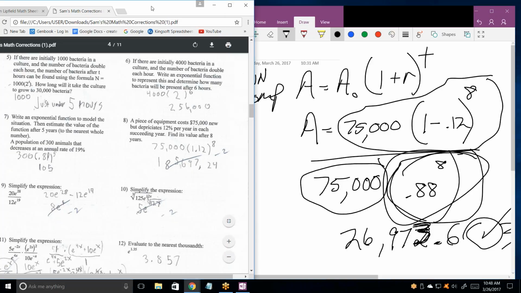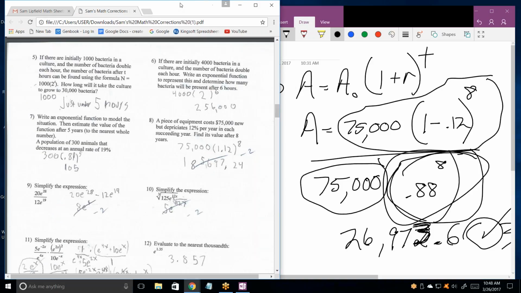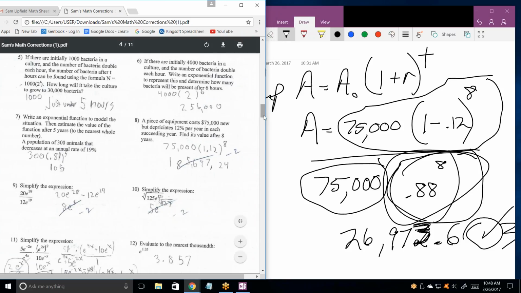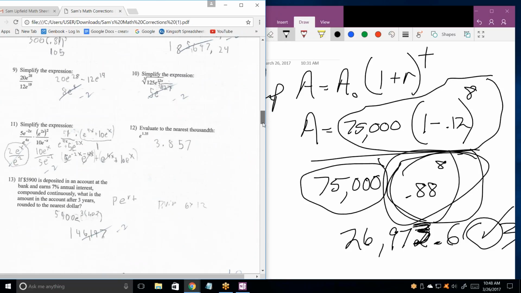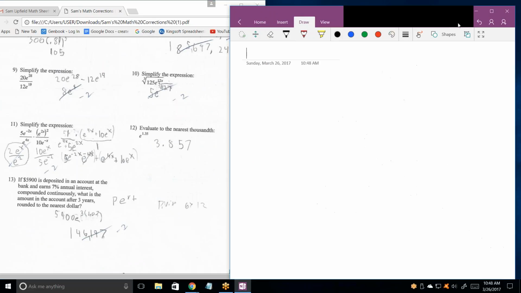Let's be done with those kind of questions and get into more traditional algebra. All right. What is b to the 4th divided by b to the 3rd equal to?